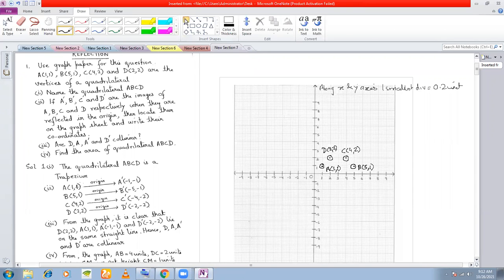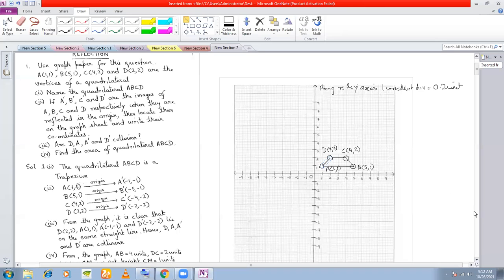We join these 4 points with the help of a straight line. So that answers the first question: name the quadrilateral ABCD. If you see, the quadrilateral ABCD here is a trapezium, right?